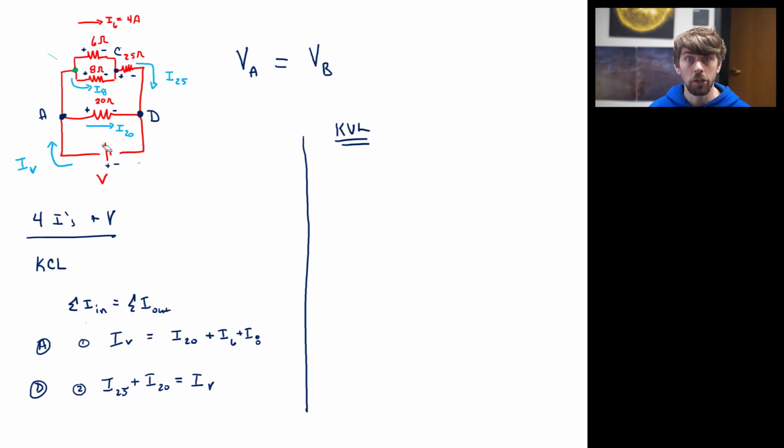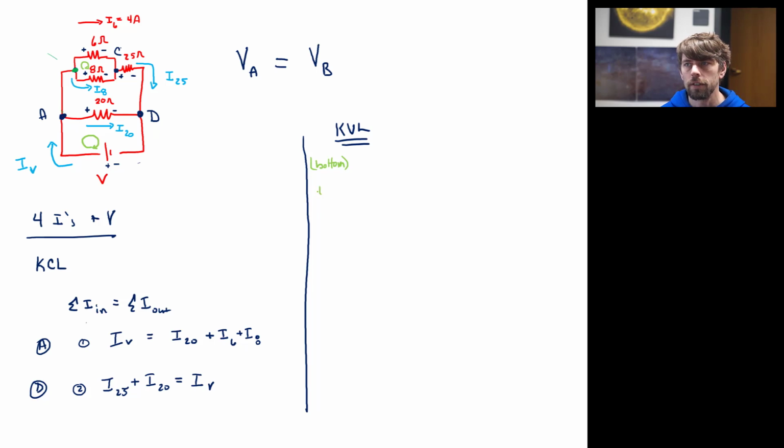I'm only going to draw in 3, just for the sake of not messing up our figure too much. So it's good to at least indicate which loops you're going to use on the figure itself. I'm going to think about using the bottom loop, and I'll go clockwise around the bottom loop. I'm going to use this 8 ohm, 6 ohm loop just to make my life easy.